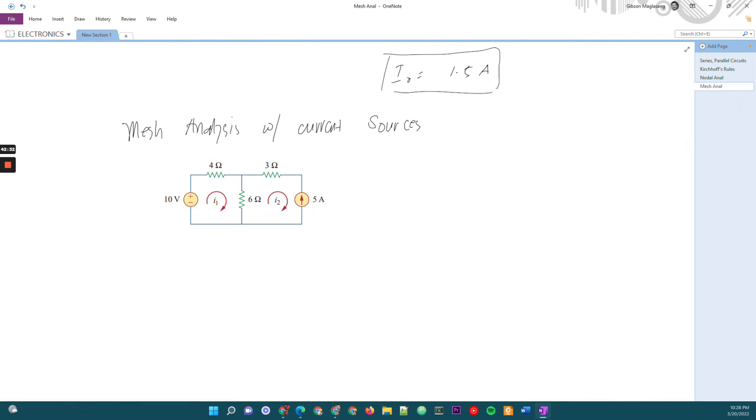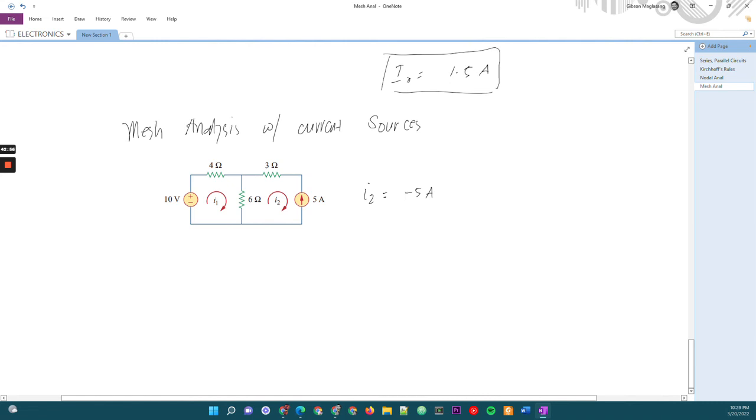So for this particular case, ang imuhang current source is na exist sa isa lang ka mesh. Okay? So naa siya din. We will set na ang I2 is negative 5 amp. Okay? Kaya opposite mo siya nga direction. So it's negative 5 amp.